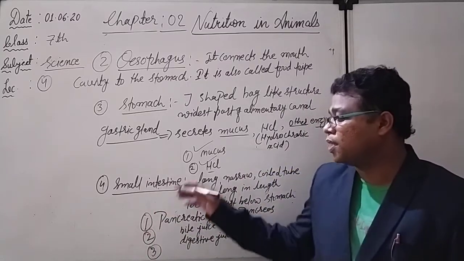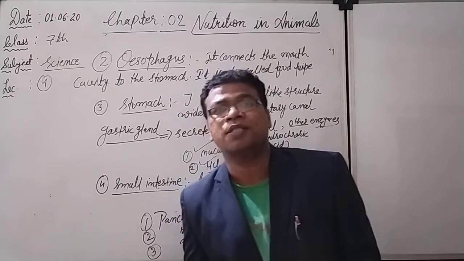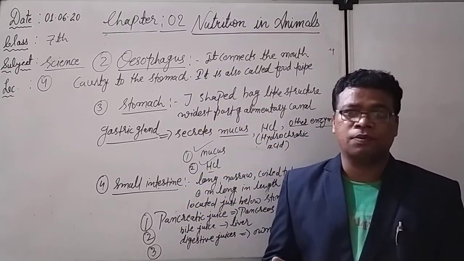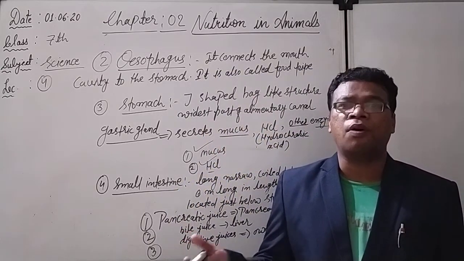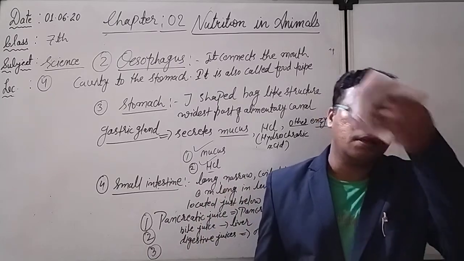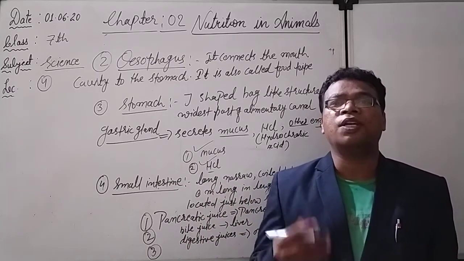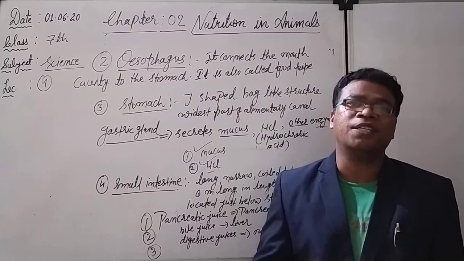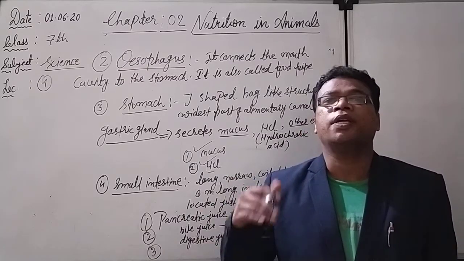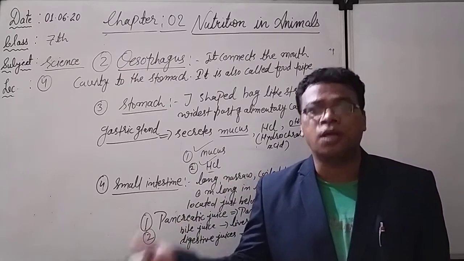With the help of these three juices, all the proteins are converted into a simpler form, the amino acids. All the starch present inside the food is converted into a simpler form, sugar.